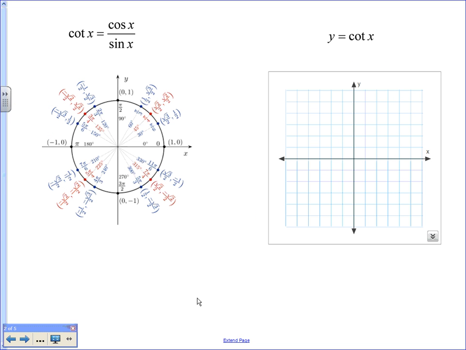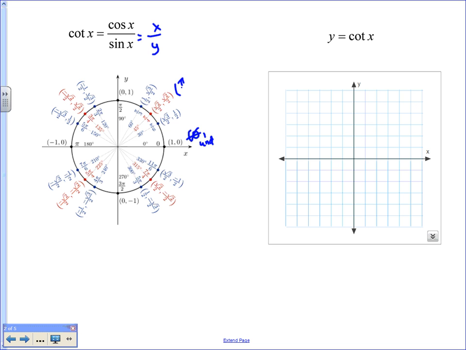Let's look at cotangent. Cotangent is cosine over sine, which is the same as saying x over y. So basically we're flipping the values from the previous problem. So this is 0, comma, oh wait, 1 over 0 is undefined. So that's going to be an asymptote.